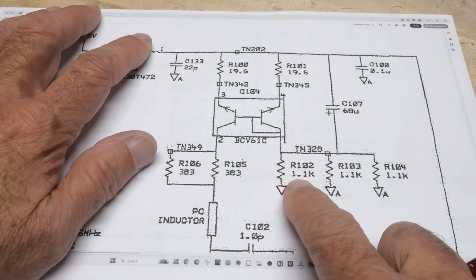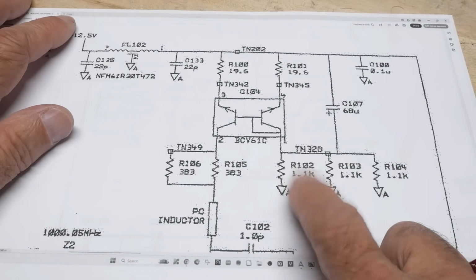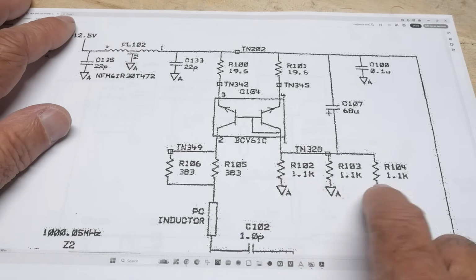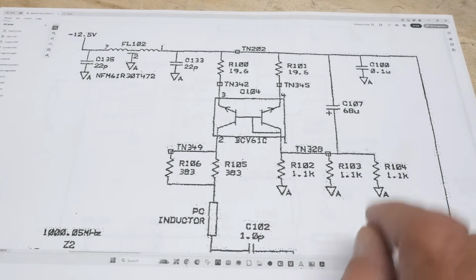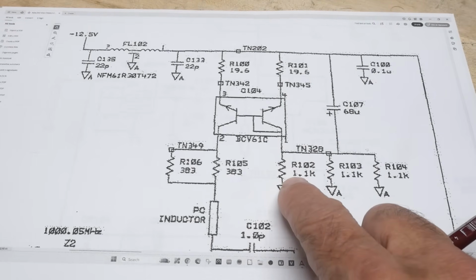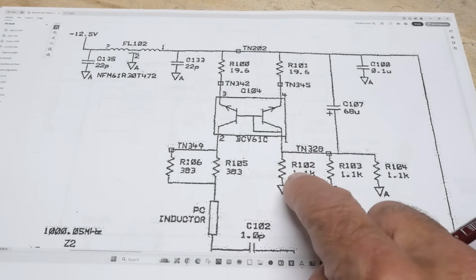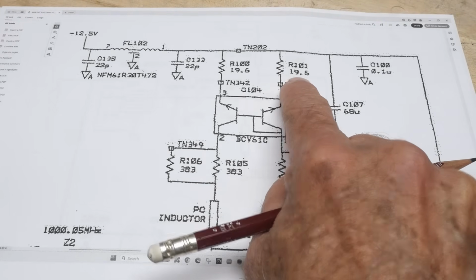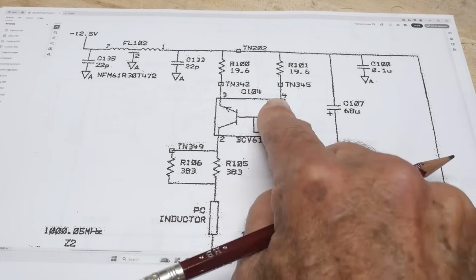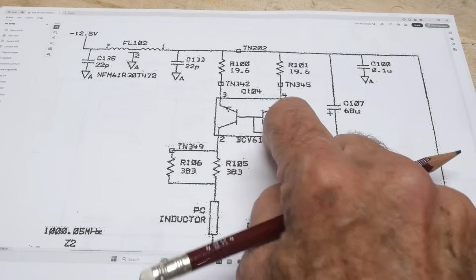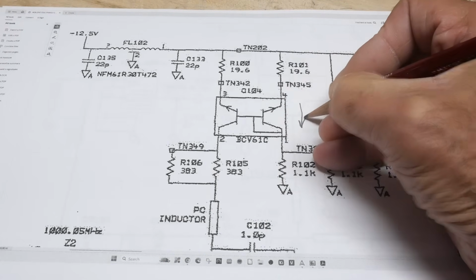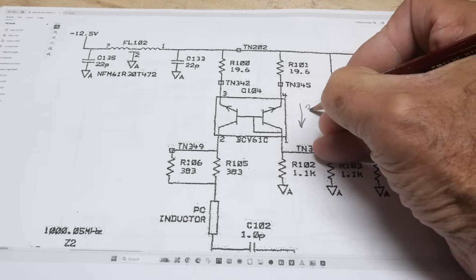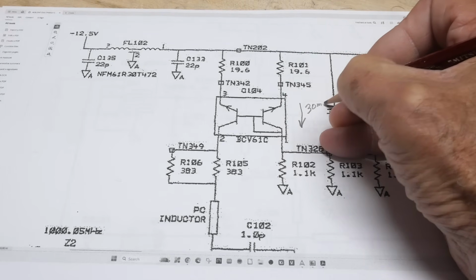So we have about 300, 400 ohms down here. If you take 1.1K divided by 3 and add 19.6, and subtract off the 0.2, 0.3 volts drop across here, just for sake of discussion, it's about 30 milliamps.